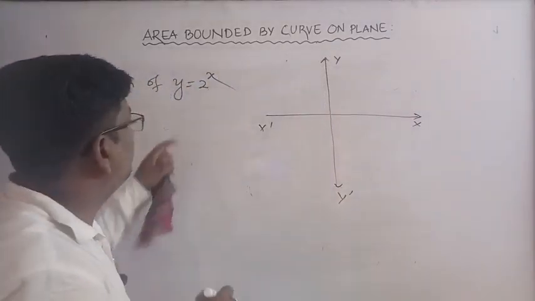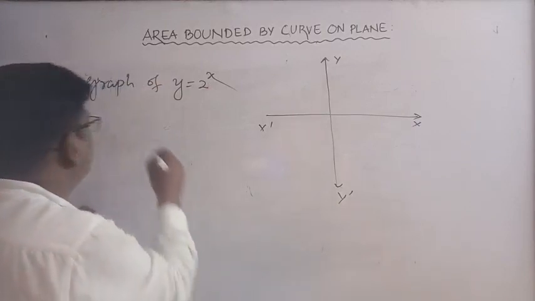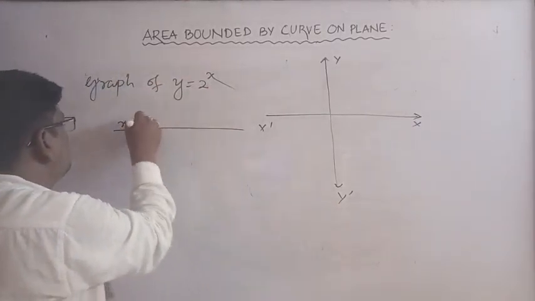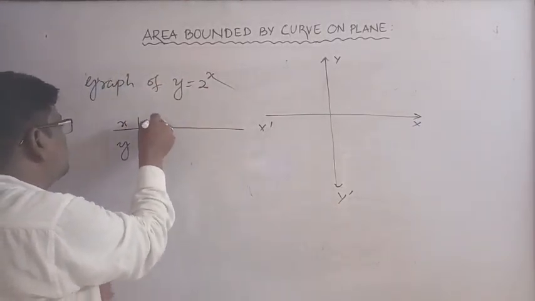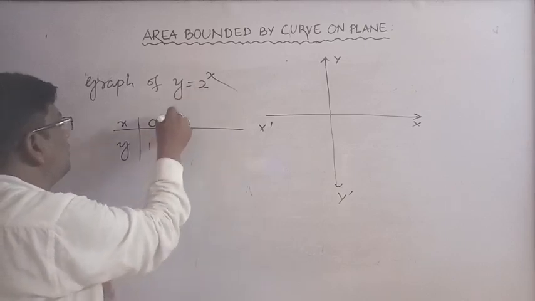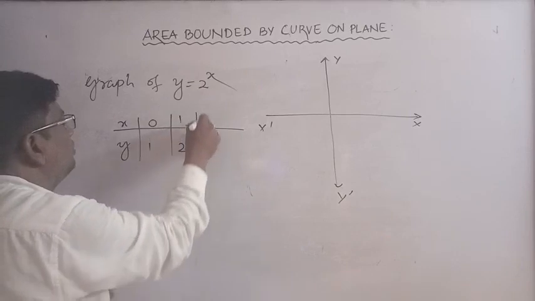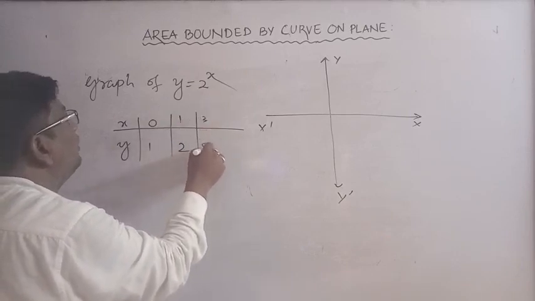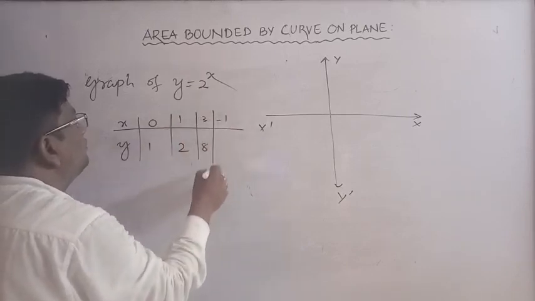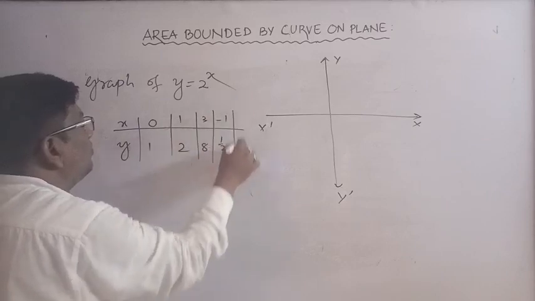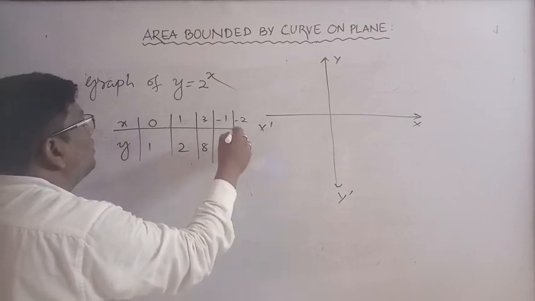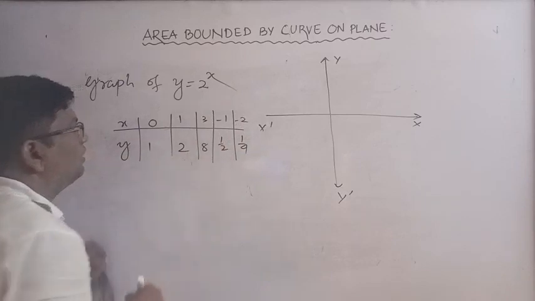Suppose x is equal to 0, then y is equal to 1. x is equal to 1, y is equal to 2. Then 3, 8, minus 1, 1 by 2, minus 2, that is 1 by 4, like this.